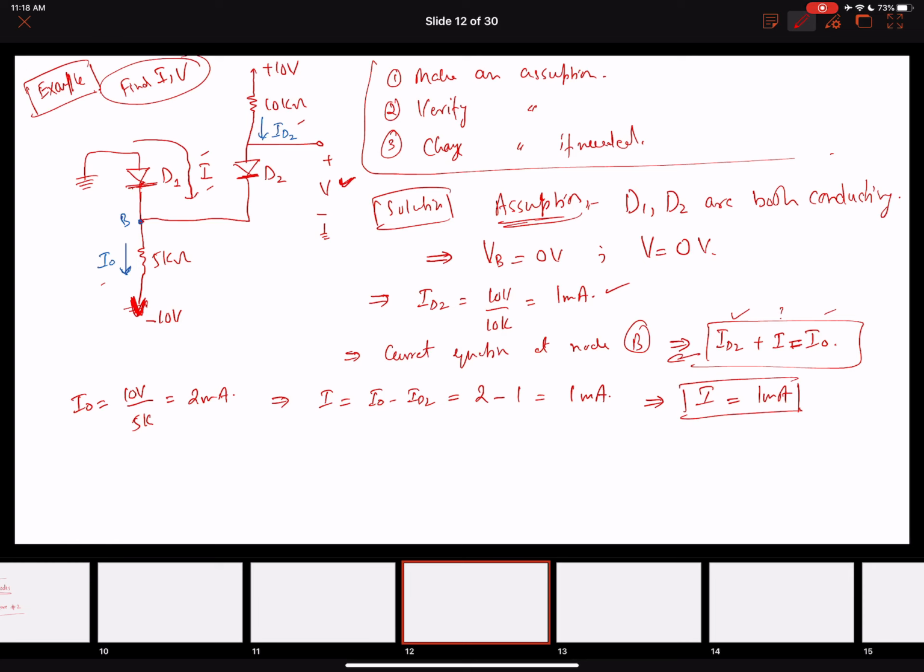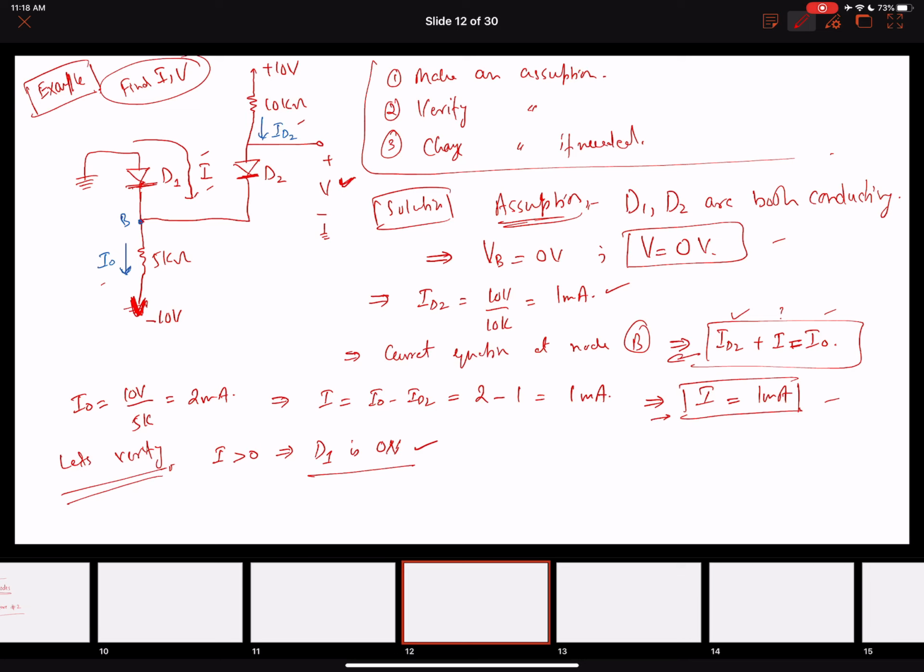So now I ended up finding both the values, V and I. Let's verify our assumption. We can see that our current I is greater than 0. This means that my D1 is on, conducting and forward biased.